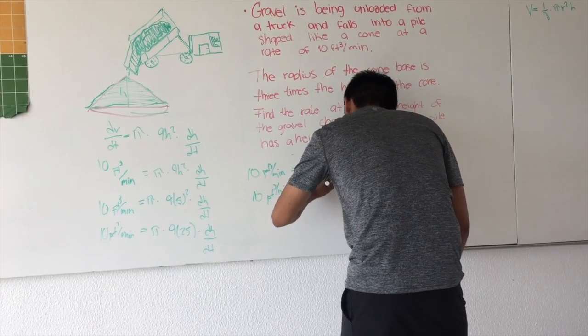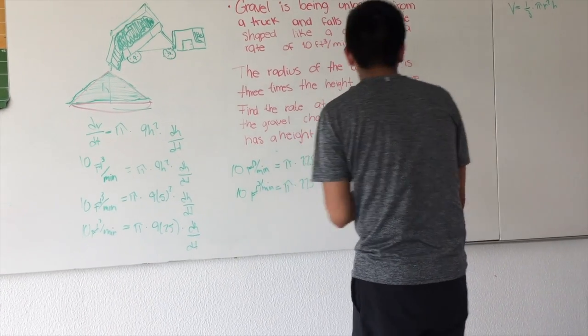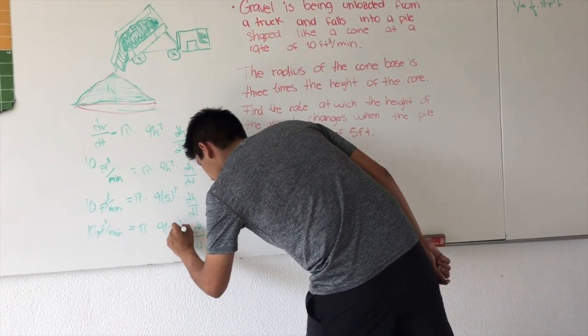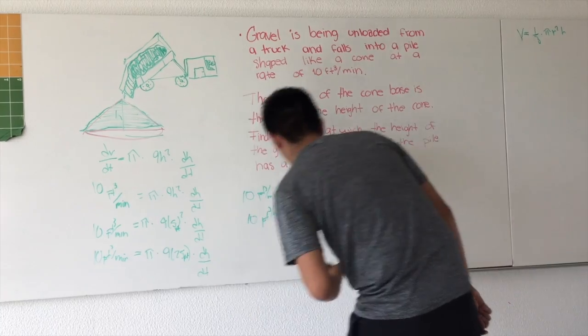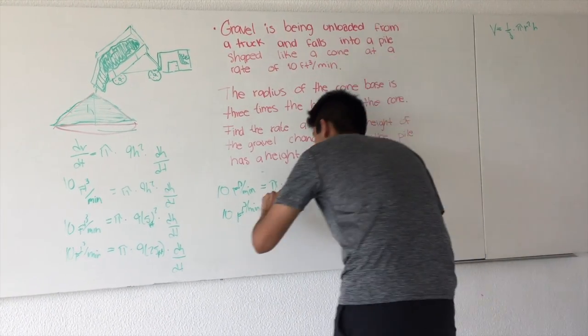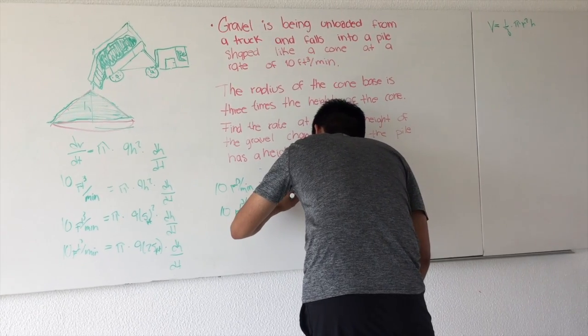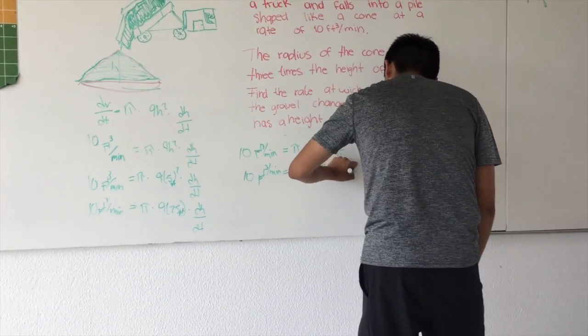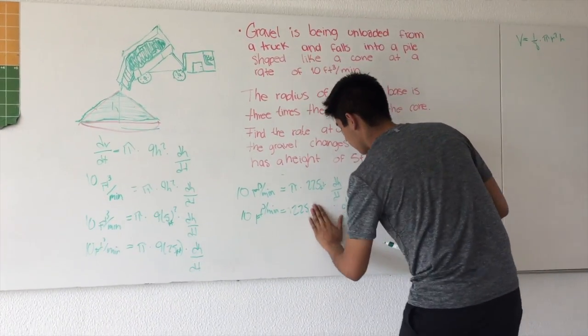But we forgot that it's feet. So we can multiply this, and we get 225 pi feet times dh over dt. 225 pi feet, sorry.